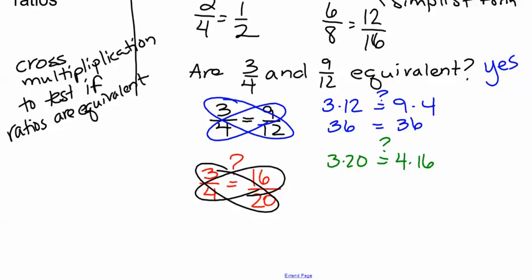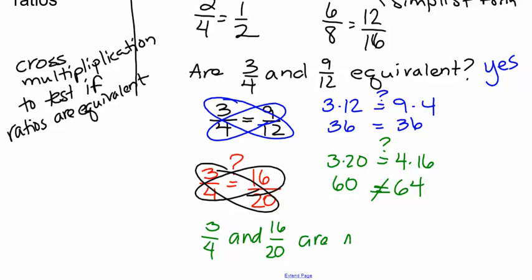So we have to do the math to figure that out. 3 times 20 is 60, and 4 times 16 is 64, so they do not equal one another, and therefore these two are not equivalent. So 3/4 and 16 to 20 are not equivalent.